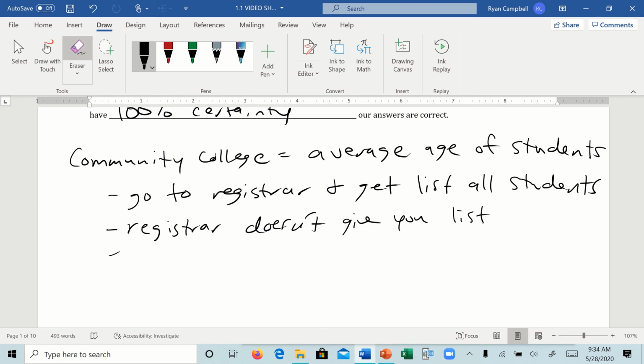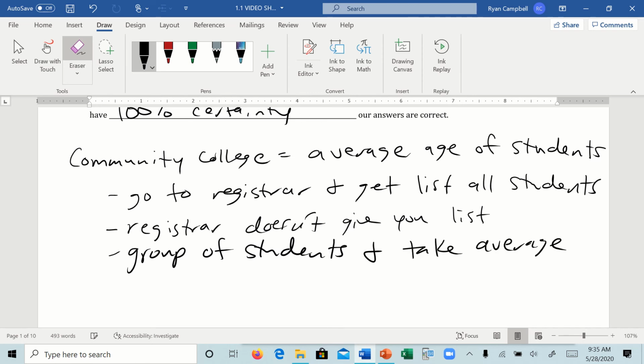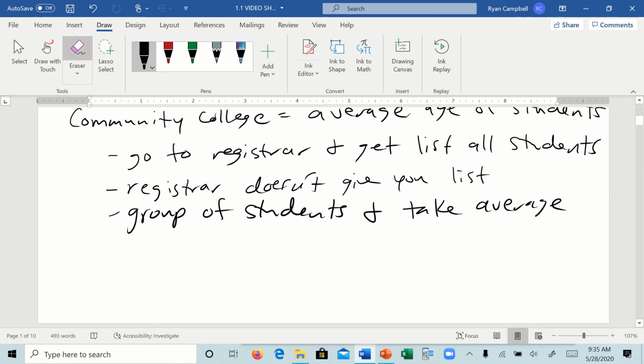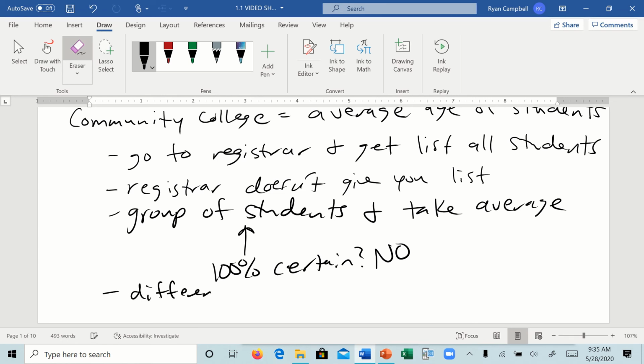Well, what we could do is just go to a group of students and take their average. However, if we're not looking at everybody, if we're just looking at a small group of students, are we going to be 100% certain of that average? No, we're not, right? In actuality, you may get very different results for different groups.